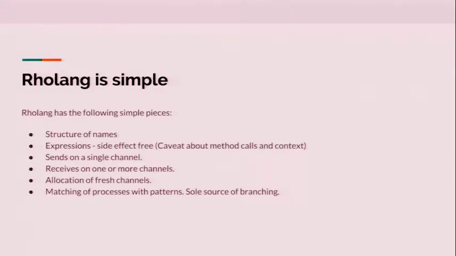All right, so let's talk about how Rholang is simple. It only has a few moving parts. You can't actually do that many different things in a Rholang term. So Rholang has expressions. Expressions are side effect free with a couple caveats, and if I didn't remember to put it in the slides and you want to know about them, feel free to ask at the end.